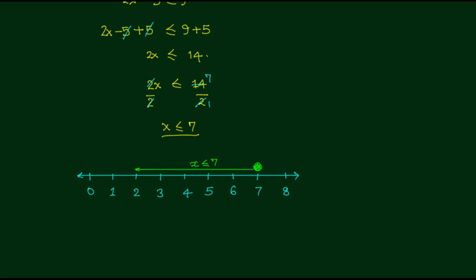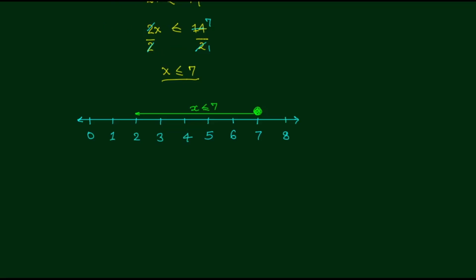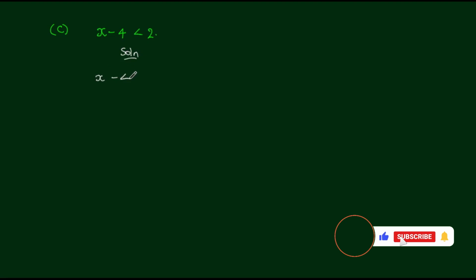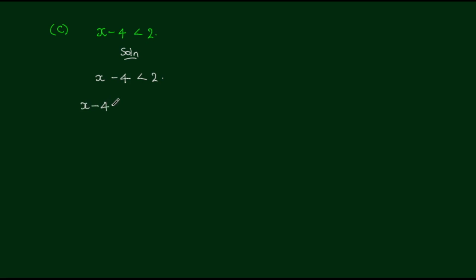Again, let's move to the next number. Our third number, c, is x minus 4 is less than 2. As we copy down the inequality, we'll also collect like terms by adding 4 on both sides.